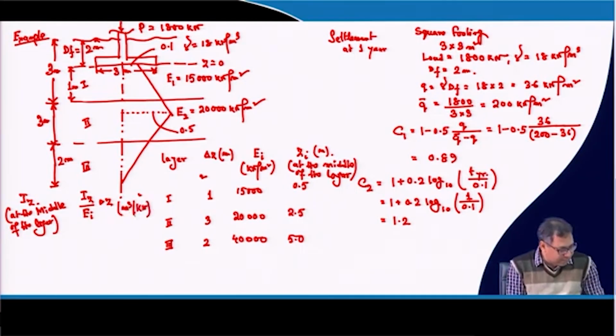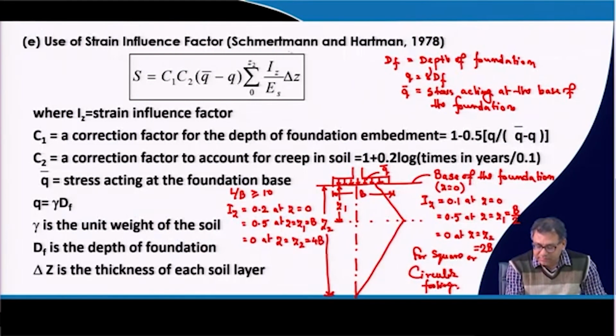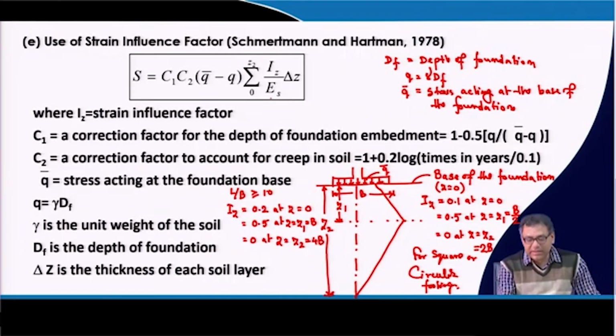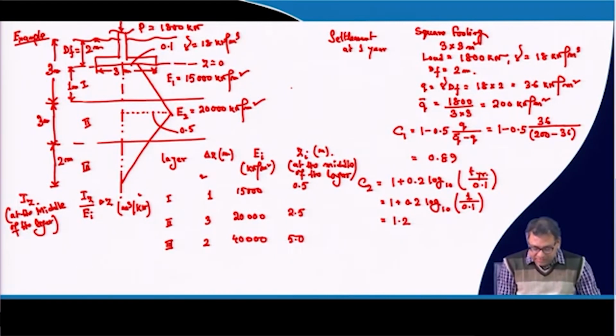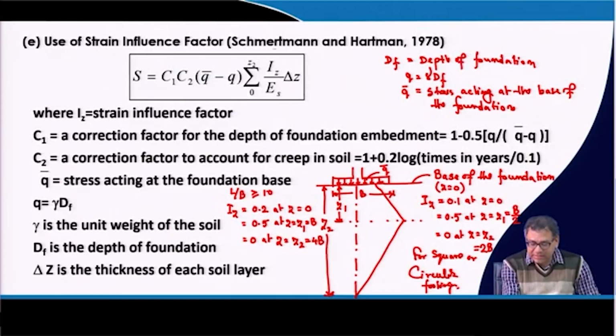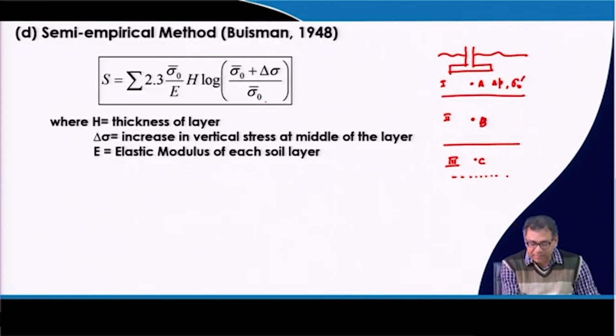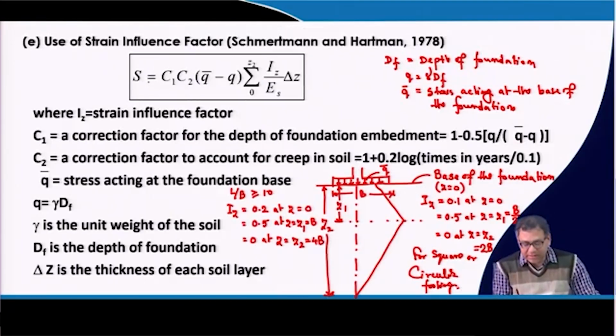What we are doing? We are basically calculating this part, that is Iz by E into del Z. And then we will add them, and then we will multiply with these factors and this difference of Q. So, remember that here the addition is only for this portion, and in the previous addition it was the total addition, and definitely that 2.3 will go outside. So, other parts we have to add, but here the addition is only for this portion.